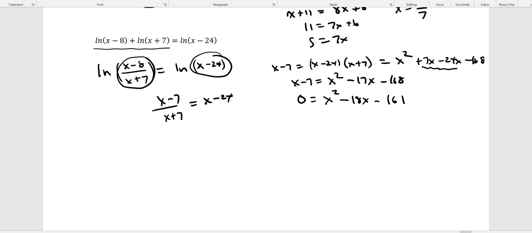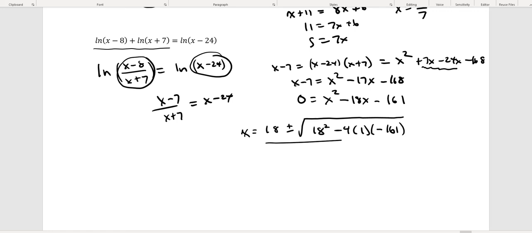So we're just going to run to the quadratic formula. So x is going to be the opposite of b, plus or minus the square root of b squared minus 4 times a times c, all over twice a. Now, technically b is minus 18.